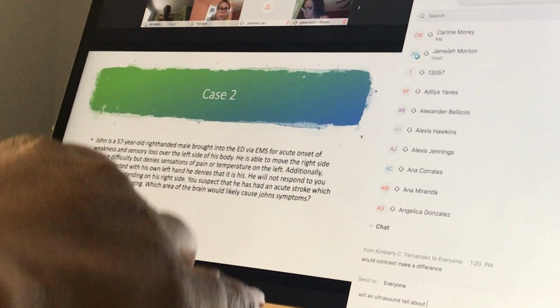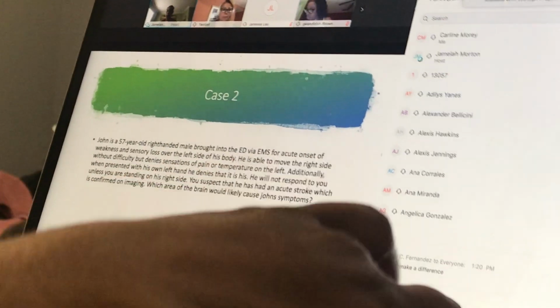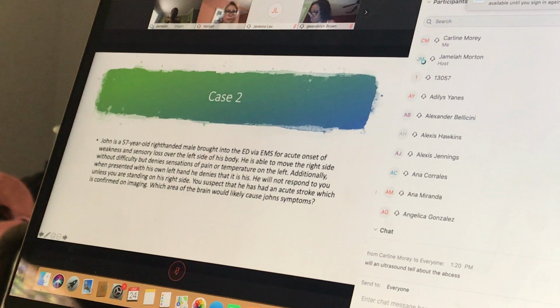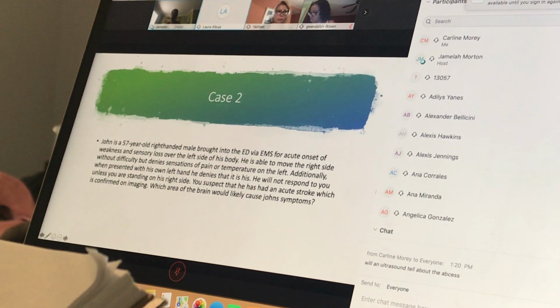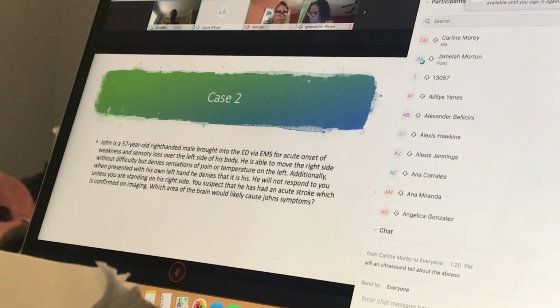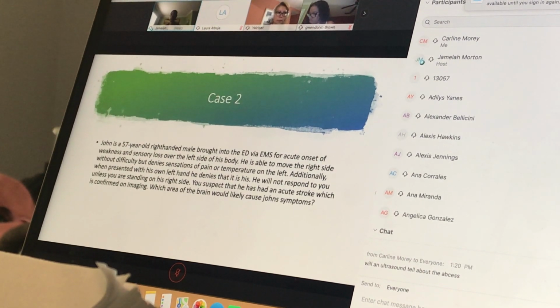Any other questions I missed, Laura? I don't see. Contrast would make a difference. Oh, there it is. Yeah. Contrast can highlight the area, and it can show up as a stroke. It can show up as a tumor with contrast. The problem with CT contrast is that it's iodine, and iodine is very nephrotoxic.